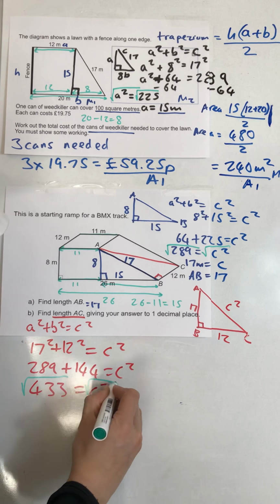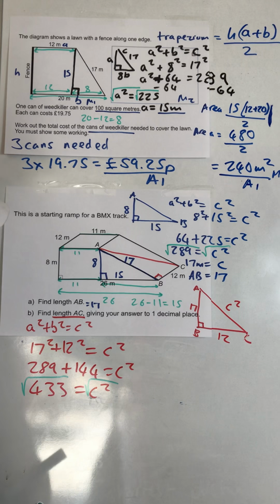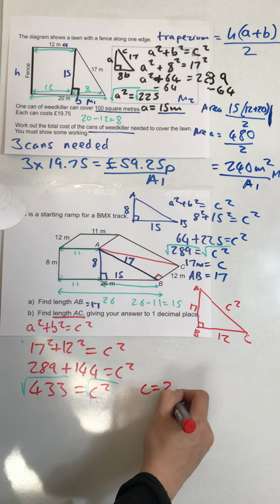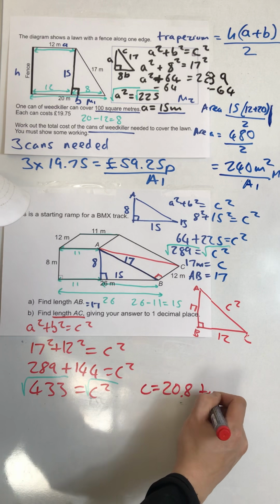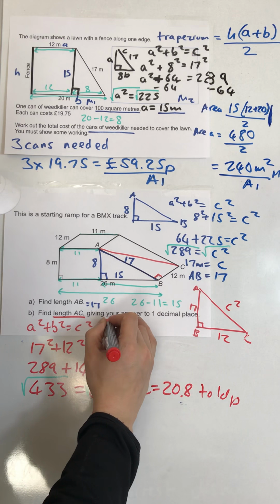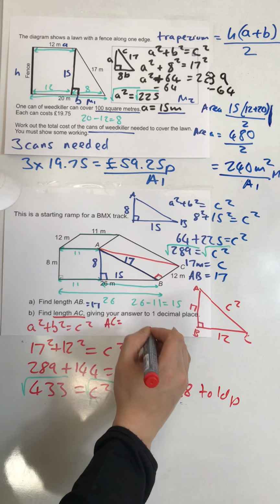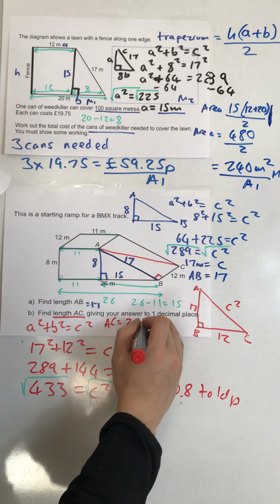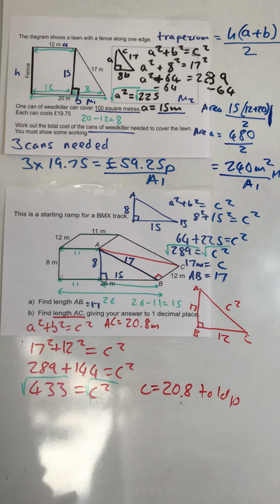And if we square root both sides, C equals 20.8 to 1 decimal place. So AC equals 20.8, and that will be metres to 1 dp.